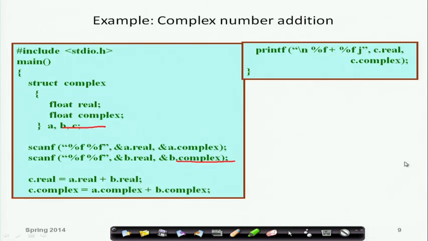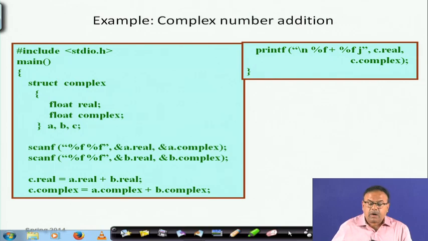Now, let us take the old example that we had seen, that is a complex number, and how we can perform complex number addition. Just to refresh your mind, say I have two complex numbers x and y, and I want to perform x plus y.